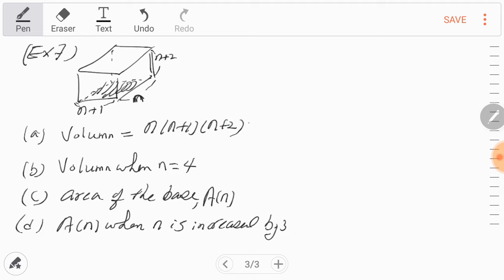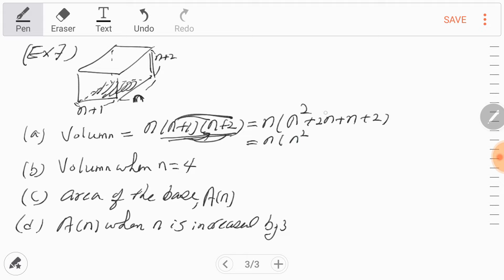So we can distribute this, and use the FOIL method. n times n is n squared, n times 2 is 2n, 1 times n is n, 1 times 2 is 2. Then this is equal to n times n squared, combine like terms, plus 3n plus 2.